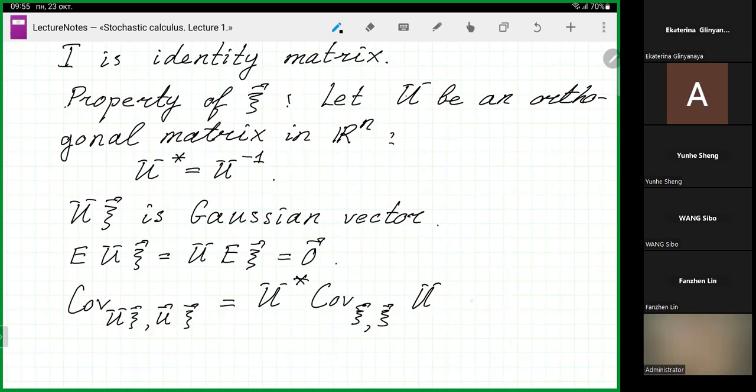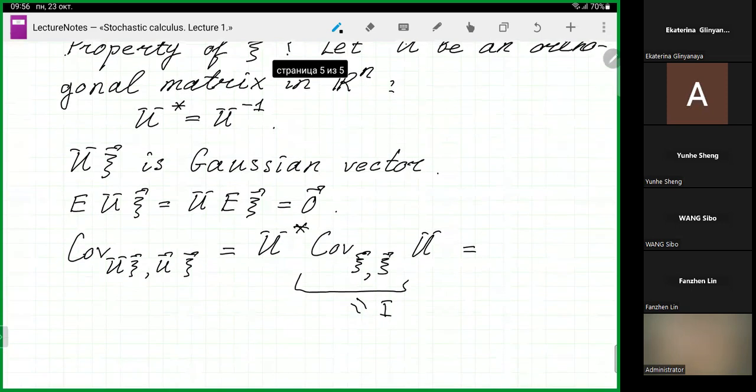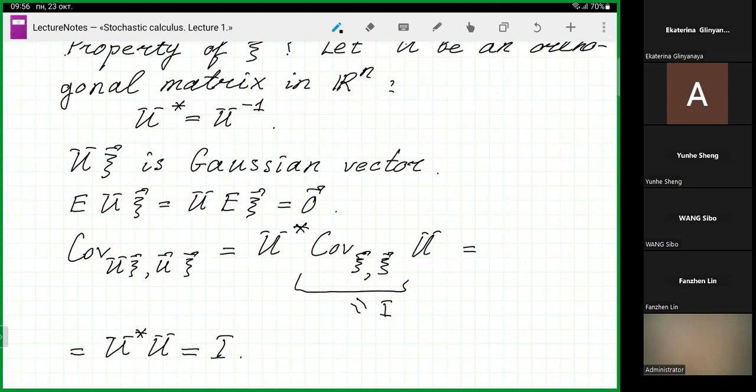This is U. And since covariance of psi is equal to identity, then we have here U conjugated multiplied on U, and by the definition of orthogonal matrix, it is equal to identity again. You see a very nice property. The rotation of the standard Gaussian random vector is again a standard Gaussian random vector. So it has the same distribution, and if it has density, then it has the same density.